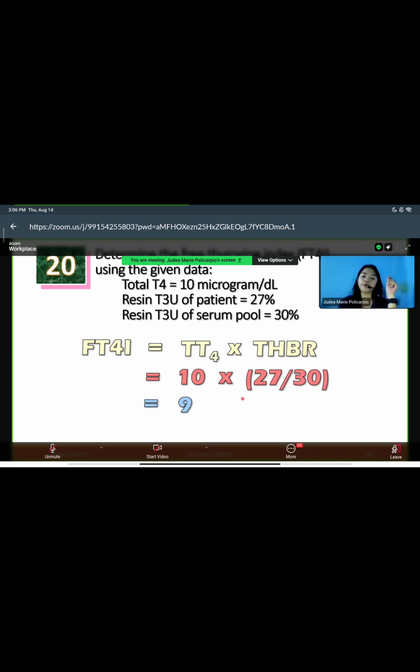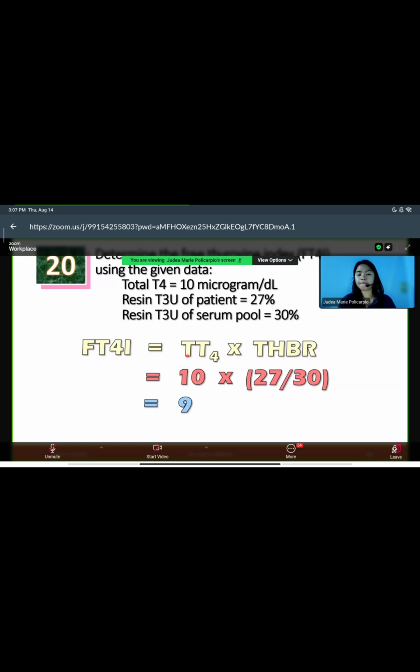So therefore, what is the free T4 index of your patient? For item number 20, that would be equivalent to a free T4 index of 9. Okay, so that is how we solve the free T4 index. And wag kakalimutan ha, itong part na to, the T3 uptake of your patient over the T3 uptake of your control, yan yung THBR natin.